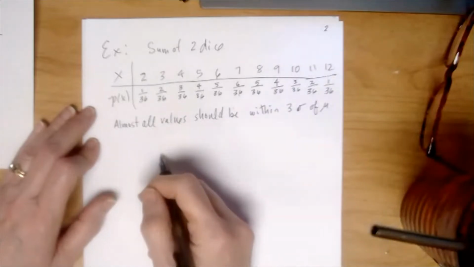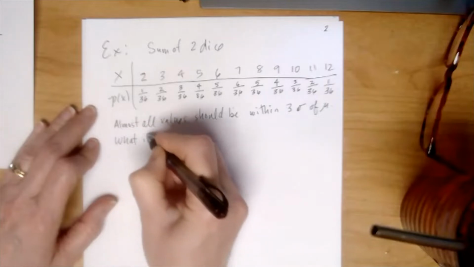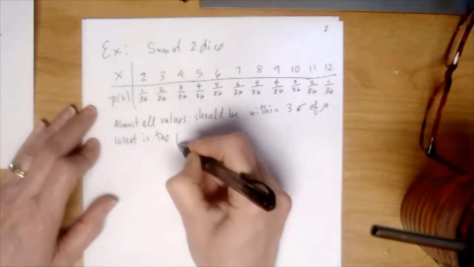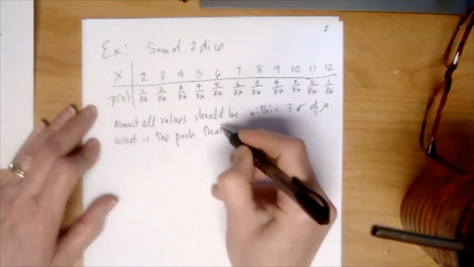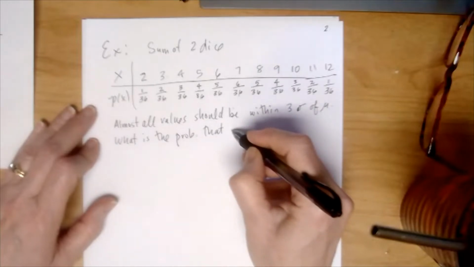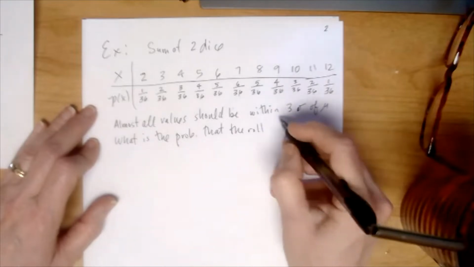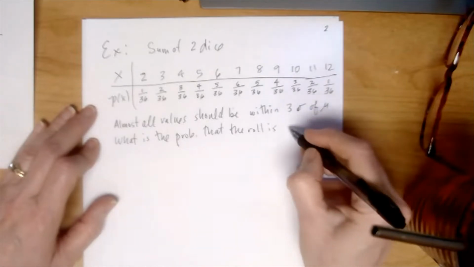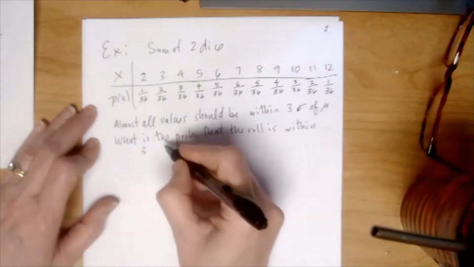That's what the empirical rule tells me, all right? So is the actual probability that the roll of the dice is within 3 standard deviations of the mean?